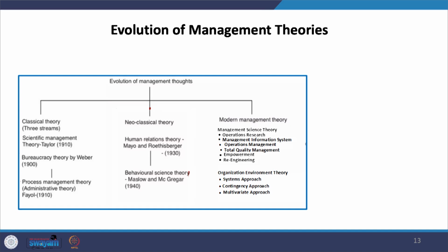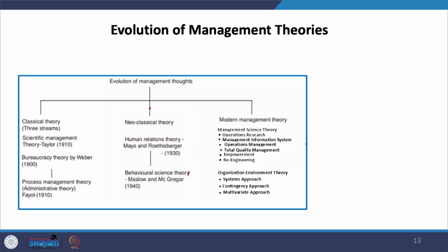Process management theory is also called administrative theory of management. Neoclassical theory further discussed the human relations approach by Mayo. In the 1930s, behavioral science theory, Maslow and McGregor in the 1940s.